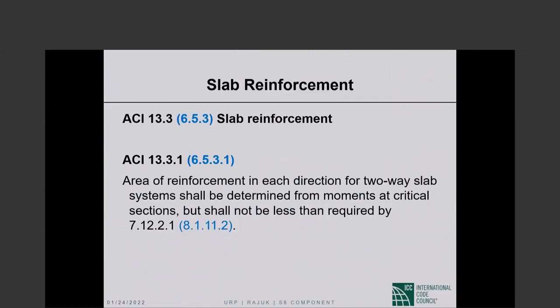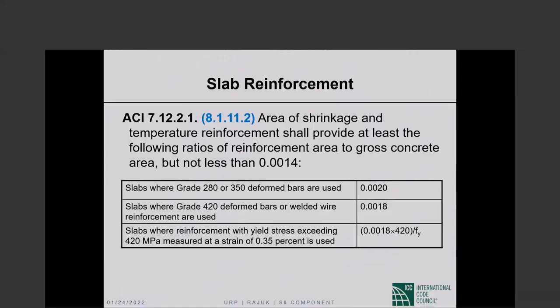Okay. Now we go to slab reinforcement. Area of reinforcement in each direction for two-way slab system shall be determined from moments at critical sections, and shall not be less than required by shrinkage and temperature reinforcement. Obviously, reinforcement will be dictated by bending moment, but the flexural reinforcement shall not be any less than the shrinkage reinforcement. This is very, very important.